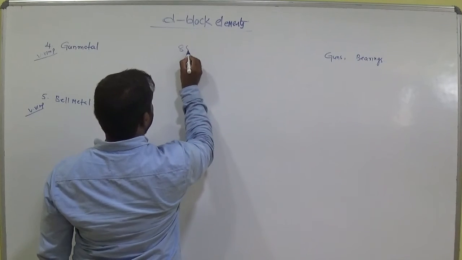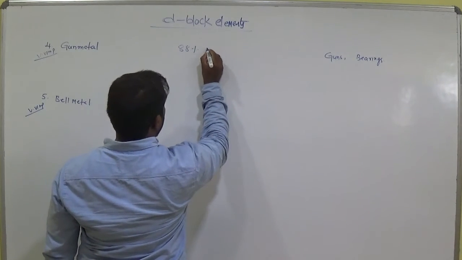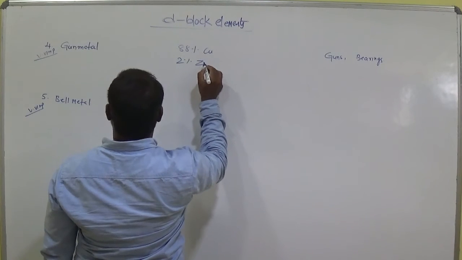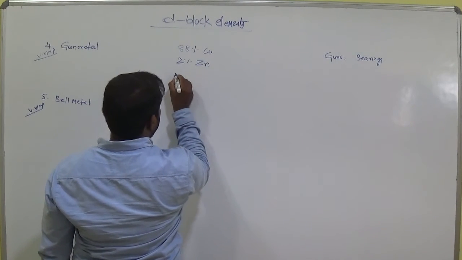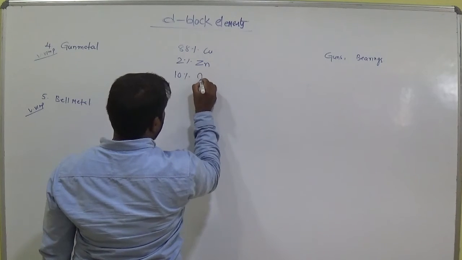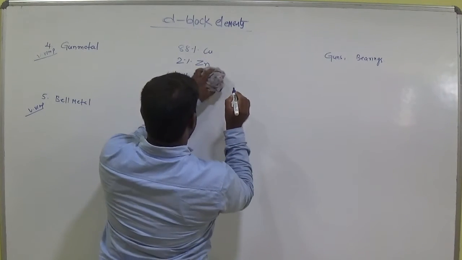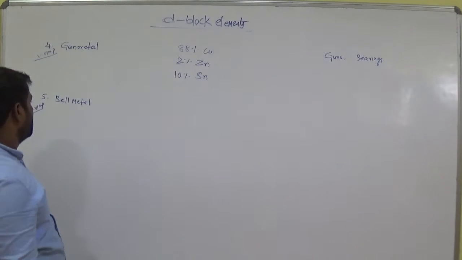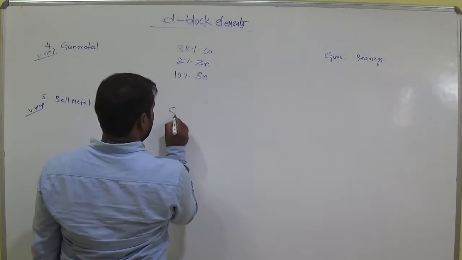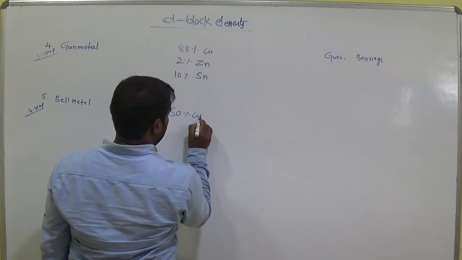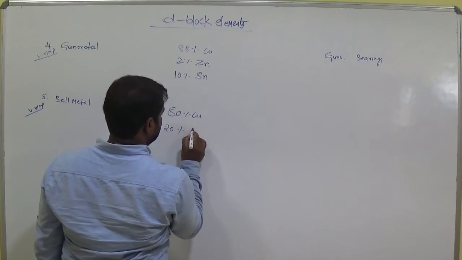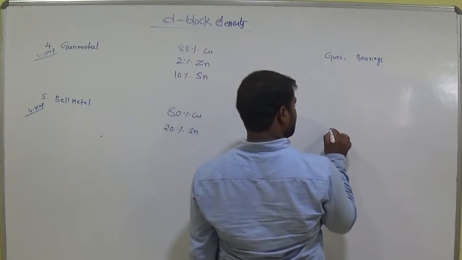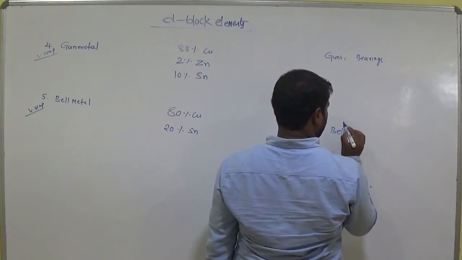It is 88% of copper, 2% zinc, 10% stannum, Sn. This is the composition. And bell metal is 80% copper, 20% stannum. Bell metal is used for the preparation of bells.